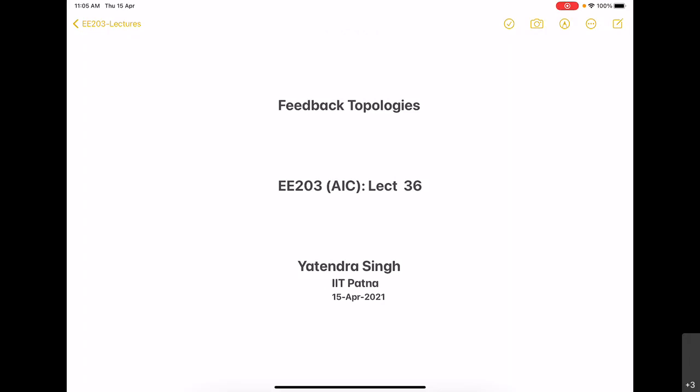So in this lecture, we will study what are the four possible topologies that can arise for those four amplifiers. And then we will derive the overall input and output impedance of the feedback amplifier.